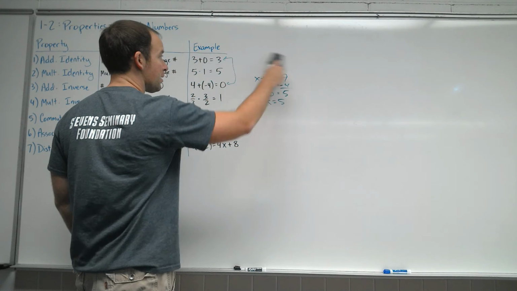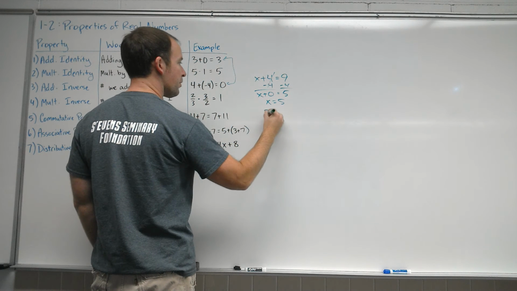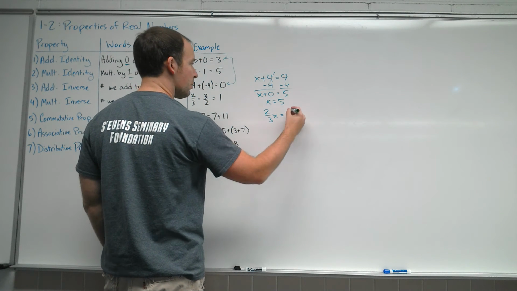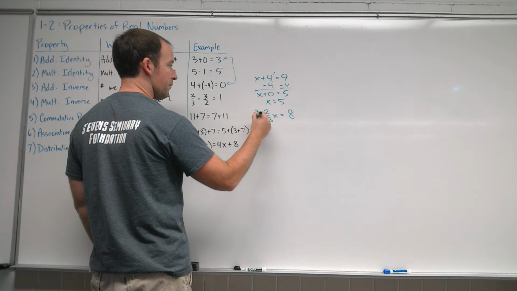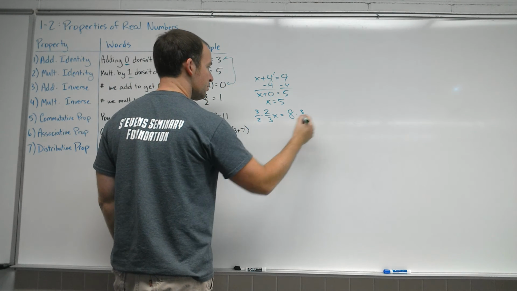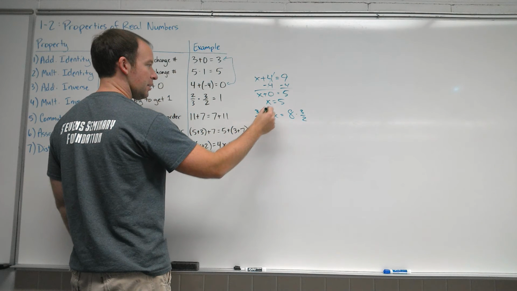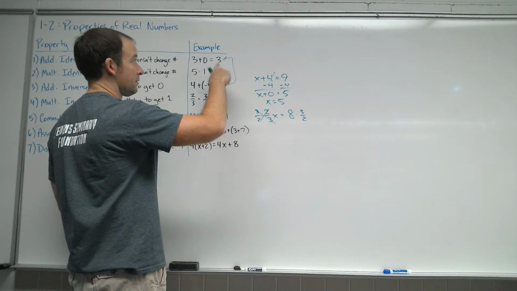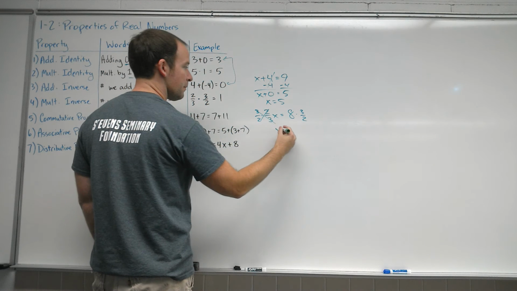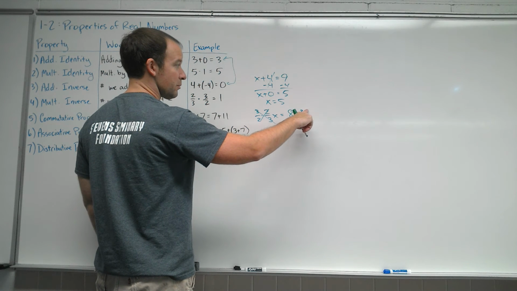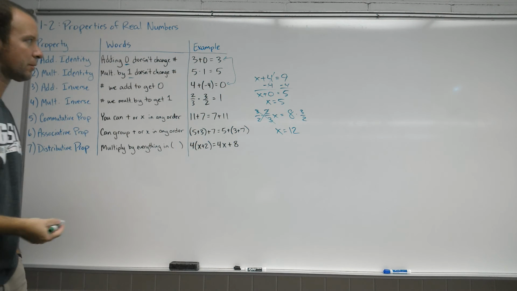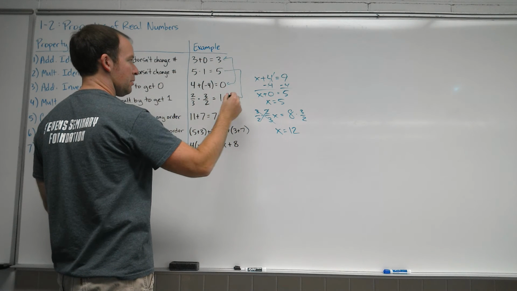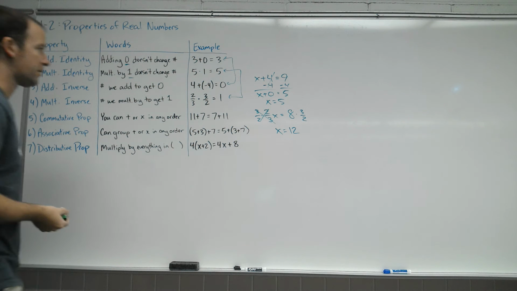It's the same idea over here, if I had a 2/3 on the front of the number and wanted to get rid of it, I could multiply by 3/2, because then these cancel and cancel, and I'll just have a 1 left. 1x, 1 times anything keeps it the same. And then over here, 8 times 3 is 24. 24 divided by 2 is 12. 2/3 times 12 equals 8. So, much like these two are always paired together, so are these two. Those two properties always work together every time I solve an equation.